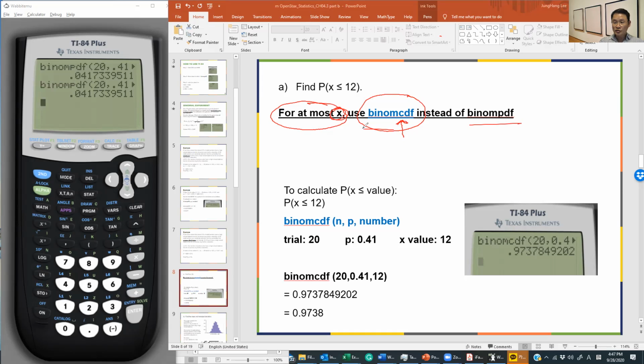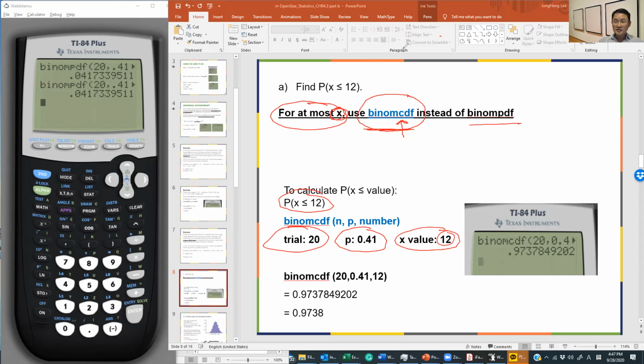So if it's at most 12, the trials are the same, the probability is the same, the X value is the same, but we use CDF, the cumulative. That C means cumulative, meaning all the way up to 12.